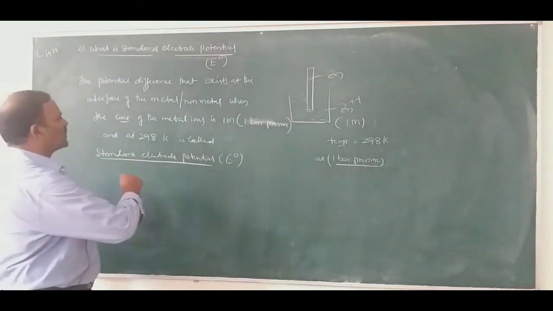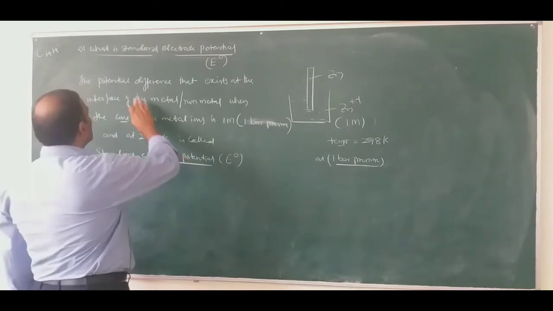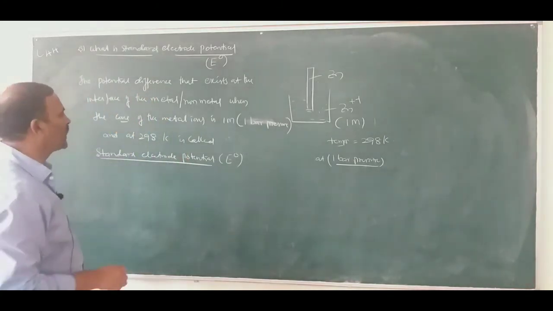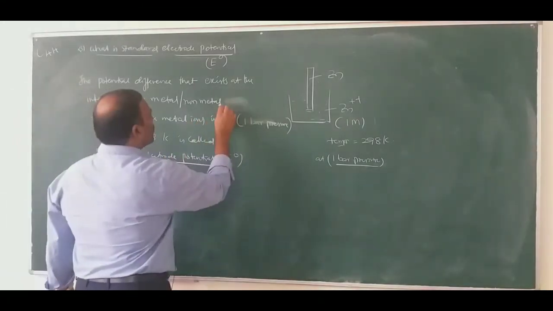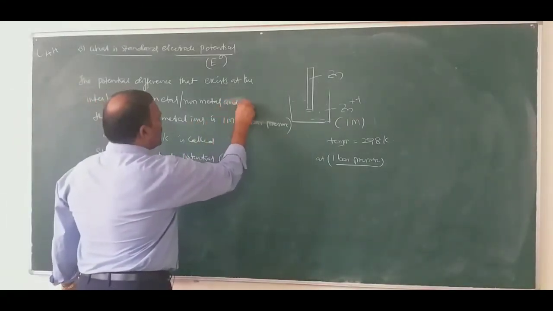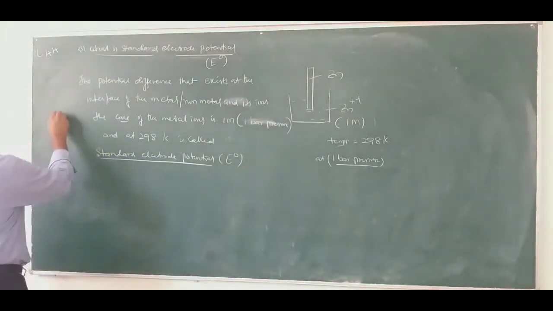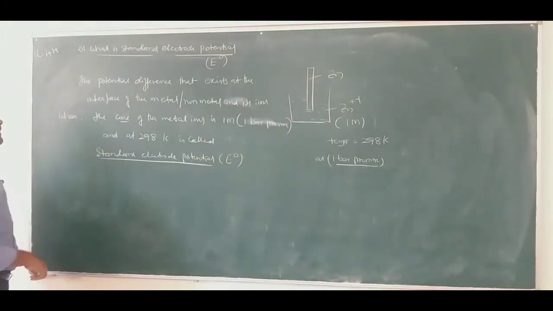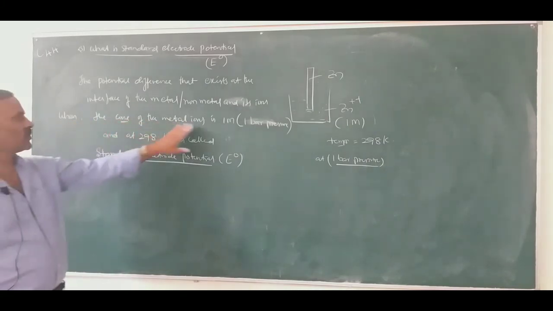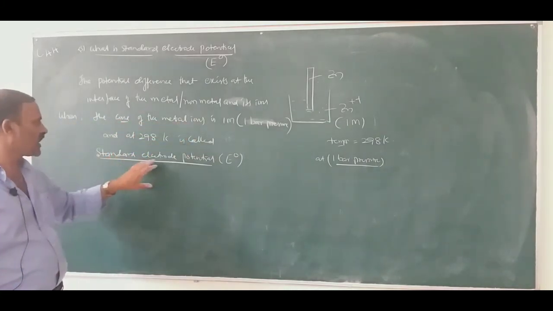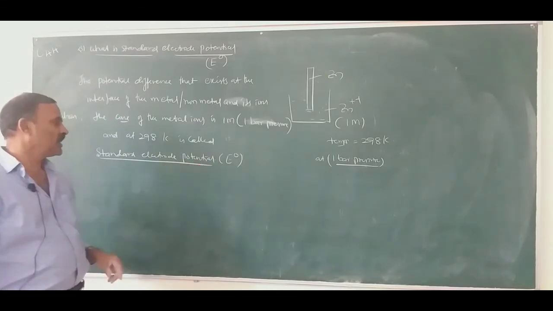The potential difference that exists at the interface of the metal or non-metal and its ions when the concentration of the metal ions is 1 molar and at 298 Kelvin is called standard electrode potential E naught.